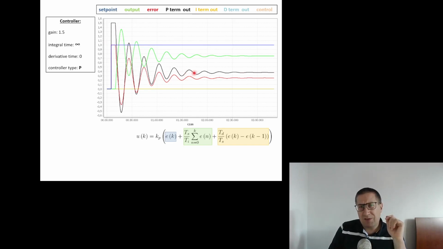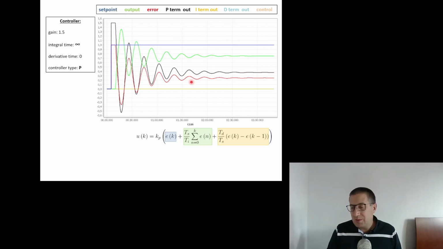We don't want to have such signals in the plant because we can destroy the actuator. In this particular case, I don't know, the valve that controls the water flow to the radiator, to the heater, or the engine, or the damper. So we have to be gentle while playing with our devices, right?